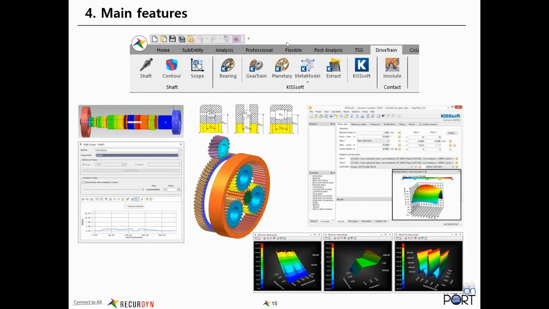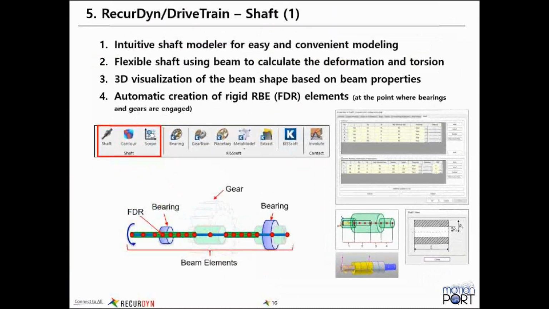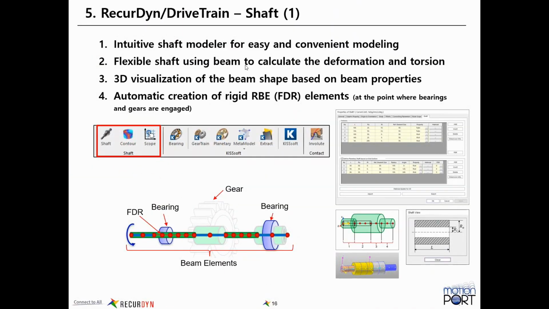So here is the RecurDyn program, and looking at the interface at the main menu, these are the available functions that are all part of the DriveTrain toolkit. The first set of functions are for the shaft, shown here on the left. This part of the software includes an intuitive shaft modeler for easy and convenient modeling.